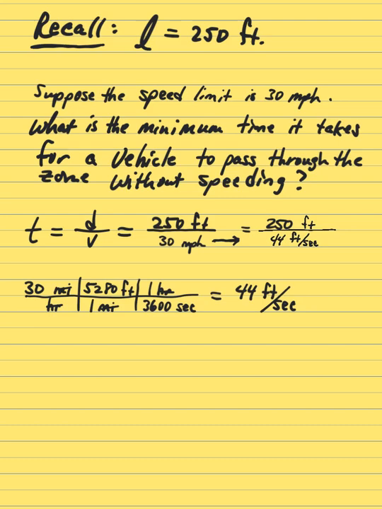That's going to let us cancel the feet and get it just down to seconds. 250 divided by 44 is 5.68 seconds. And again, that's part B of the problem from the previous slide pertaining to the speed zone enforcement.